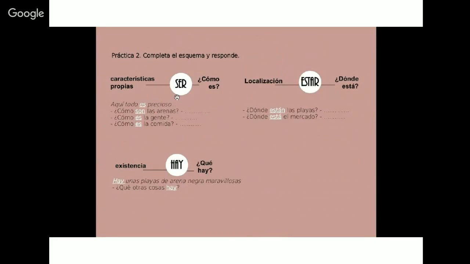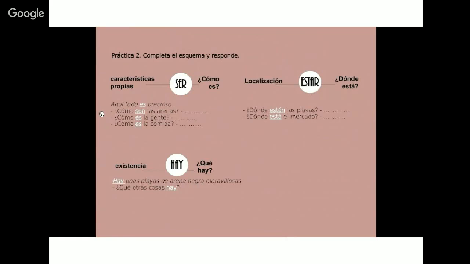So first we have ser, características propias. So their own characteristics. ¿Cómo es? This means, what is it like? Por ejemplo, aquí todo es precioso. Here everything is beautiful.